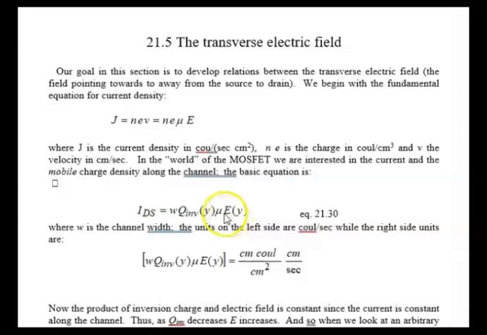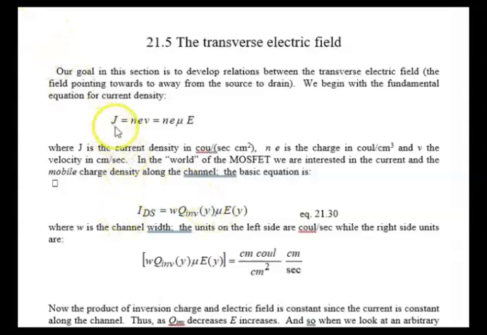Unlike a regular resistive media where the electric field would be constant and the voltage varies linearly, that's Ohm's law. However, in a MOSFET, it varies in a rather complex way, and we'll be concentrating here on finding the variation of the electric field.